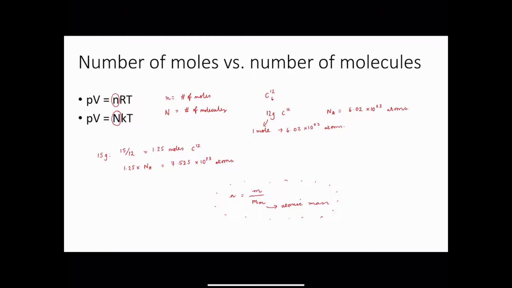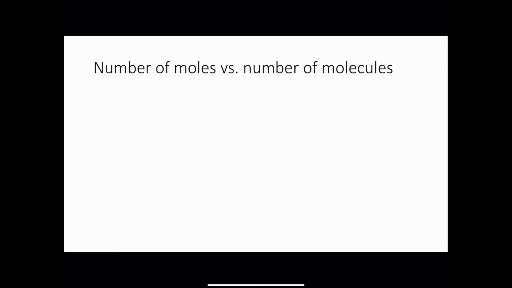So, look now at something like carbon dioxide. Okay, so before we were looking at carbon-12, it's an atom. Now we're going to have a look at a molecule. So let's have a look at carbon dioxide. You know that for carbon dioxide, we've essentially got 1 atom of carbon-12 and we've got 2 atoms of oxygen-16.